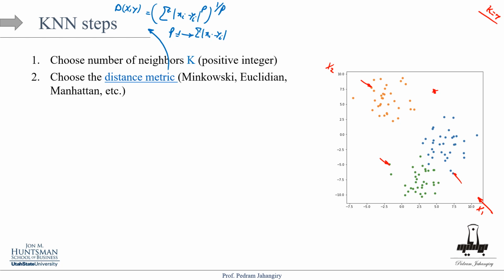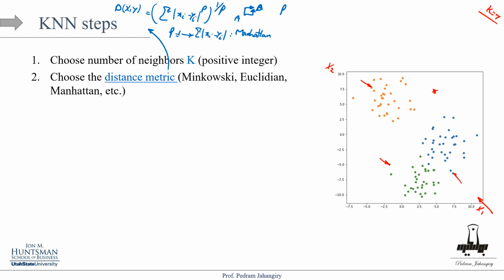What is this? If you have watched our previous videos, this is our Manhattan norm, or here we call it Manhattan distance. Do you remember, if you want to go from point A to point B, we can go like this, this is one way, this is another way. So this is our Manhattan distance. If p is equal to 2, what do we get?